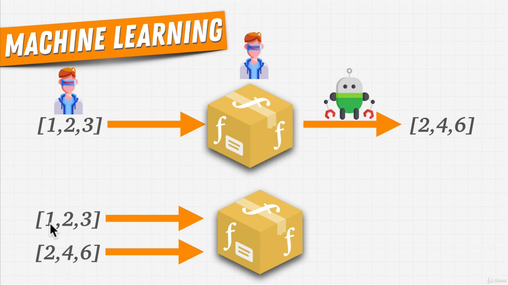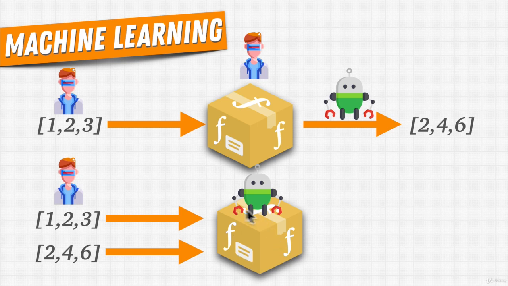So in this case, I want the input to be a list of 1, 2, and 3, and the output to be a list of 2, 4, and 6. The interesting part is that as developers, we give this input and output, but with machine learning, we say, hey, machine, you figure out what this function is.